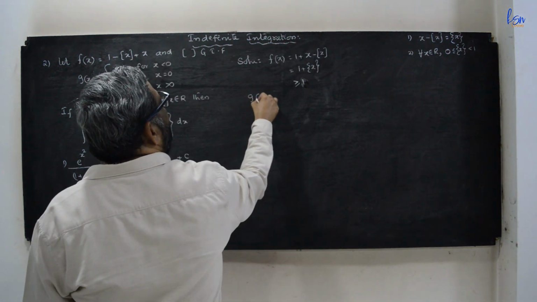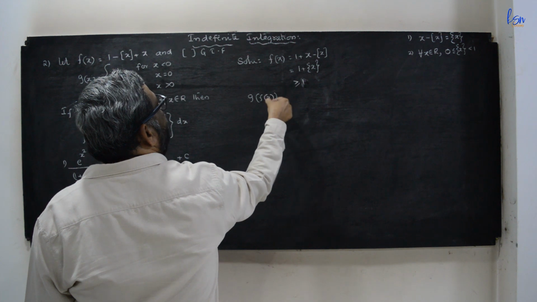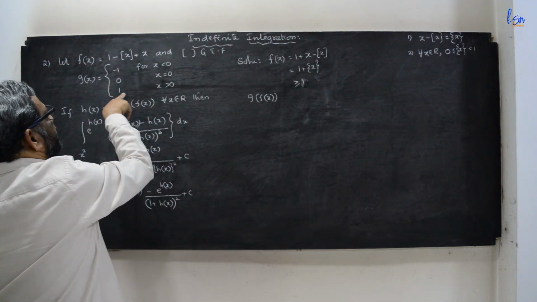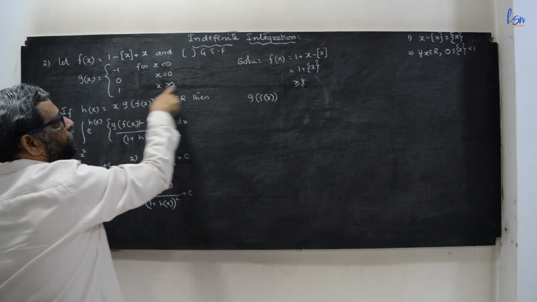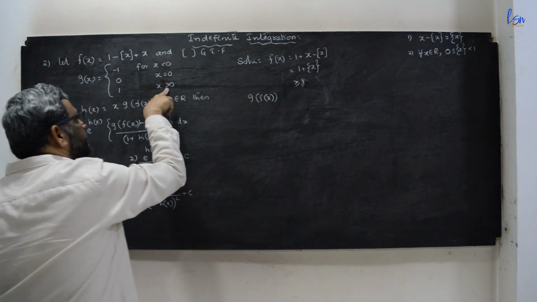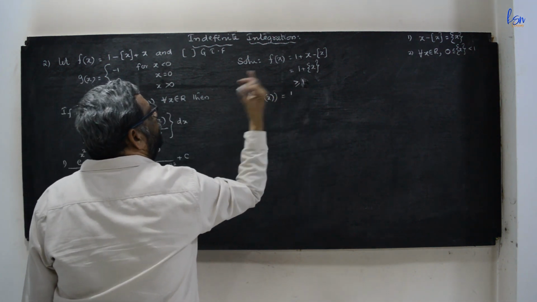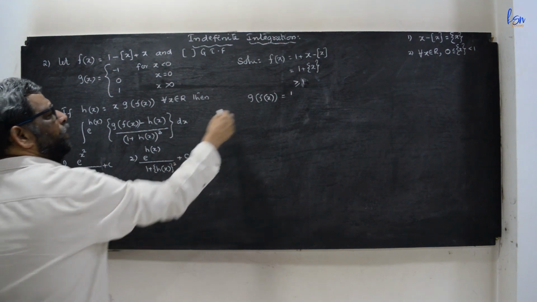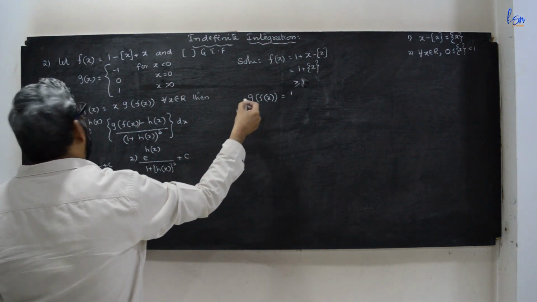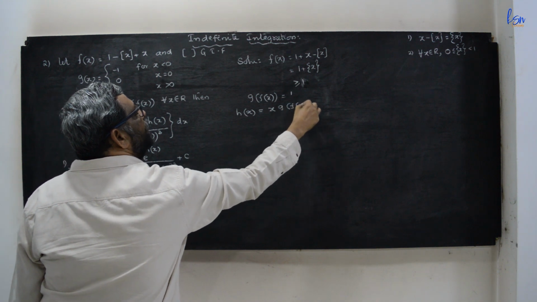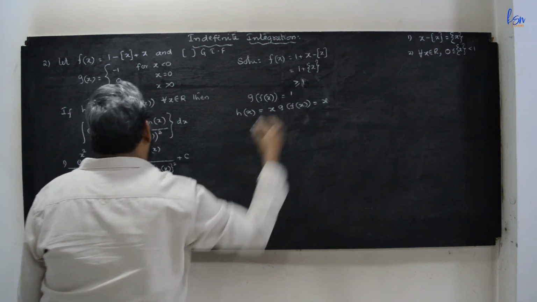Now g of f of x. Here f(x) is greater than or equal to 1. g(x) is 1 if x is greater than 0. For x greater than 0, g(x) is 1. So g(f(x)) is 1. Now h(x) equals x into g(f(x)), which is equal to x.